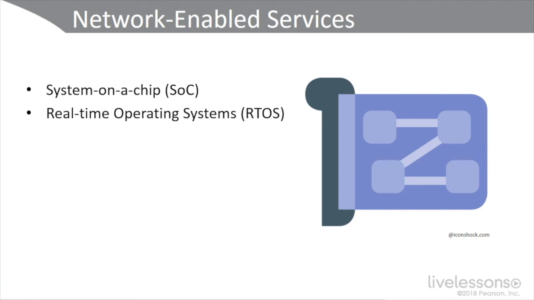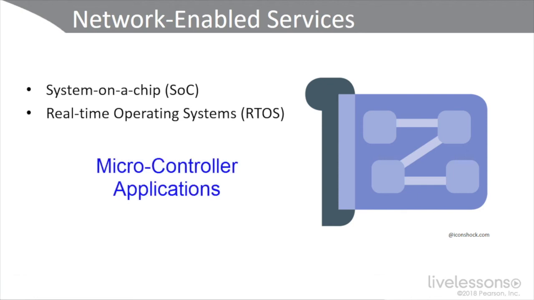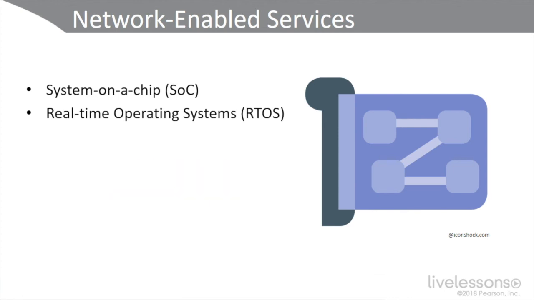So this is going to be found in embedded machines and embedded systems that have real-time requirements. Often, it's going to run on what we call microcontroller applications, a small resource-constrained processor that is typically found on a single chip, like an SoC. And we're finding these in IoT devices.